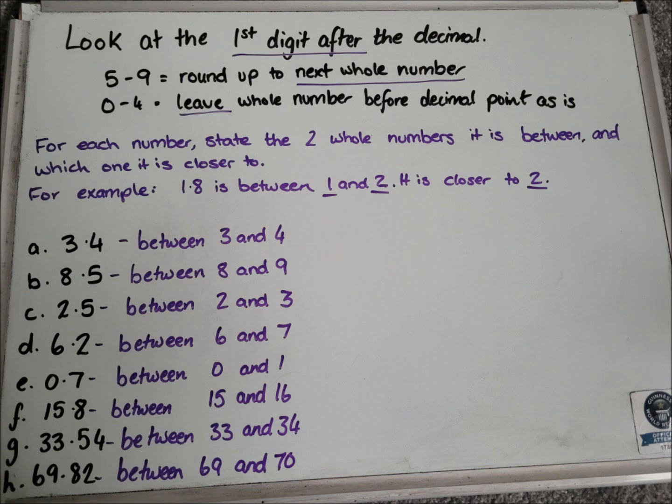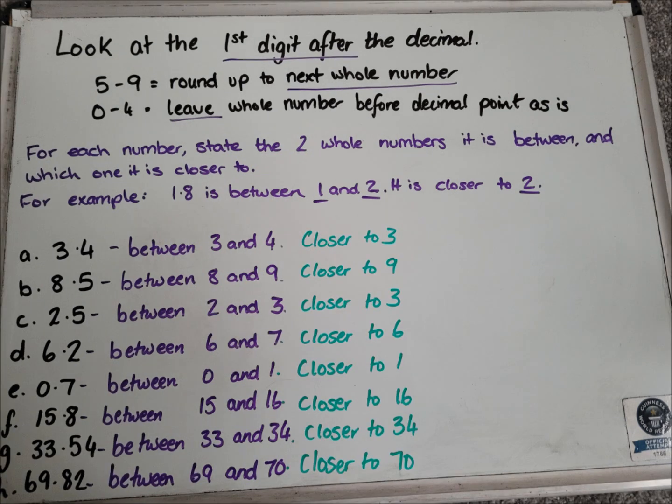Then we had to decide which one it was closer to by using our rounding knowledge. So for A it's closer to 3, B is closer to 9, C closer to 3, D closer to 6, E closer to 1, F closer to 16, G closer to 34, and the last one, H, closer to 70.